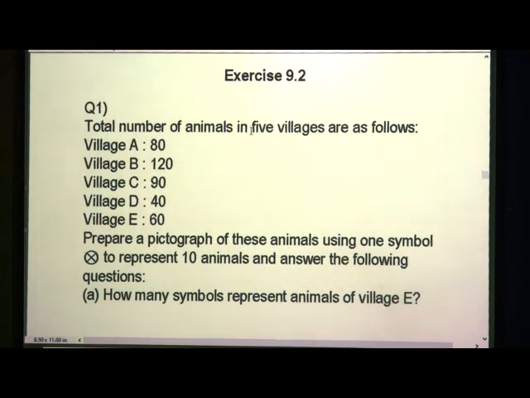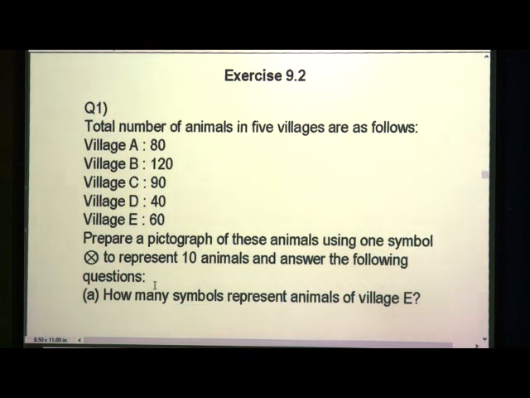Total number of animals in 5 villages are as follows. Village A has 80 animals, village B 120, village C 90, village D 40, village E 60. Prepare a pictograph of these animals using one symbol to represent 10 animals, and answer the following questions.